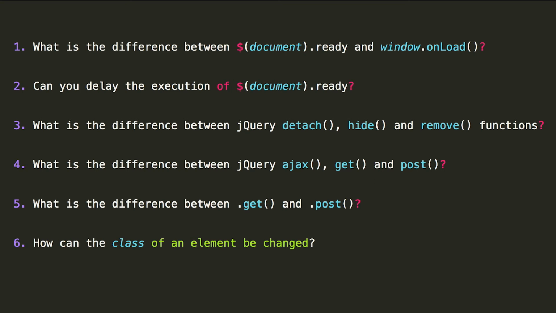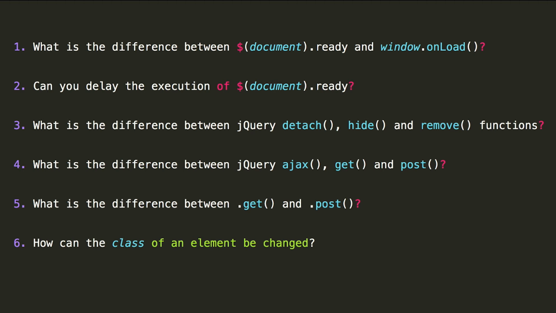When you detach an element, you assign it to a variable. Then when you want to reattach it, you take that variable and append it back into the body or someplace else so that it's now available. And that's the difference between the detach, hide, and remove functions.